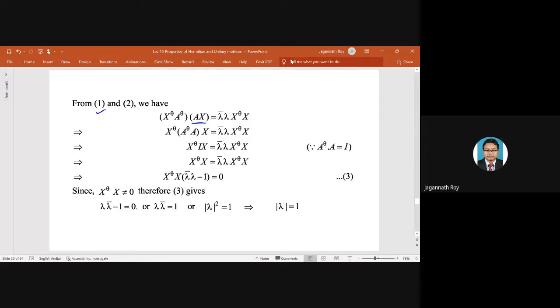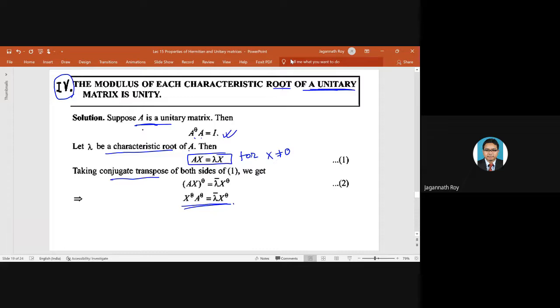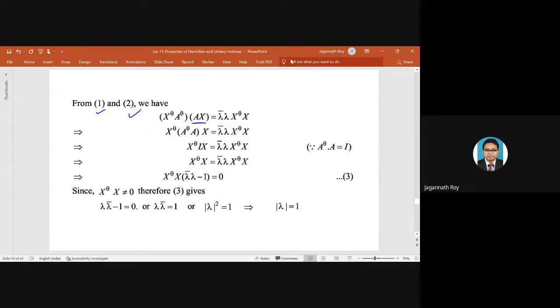So from 1 and 2, what happens? This is 1 and this is 2. So you multiply this 1 and 2. So this is Ax, the left hand side, and x theta and A theta. And then it is having this relation. So 2 is multiplied by 1. If you do this, we'll get this relation. Now we try to simplify.